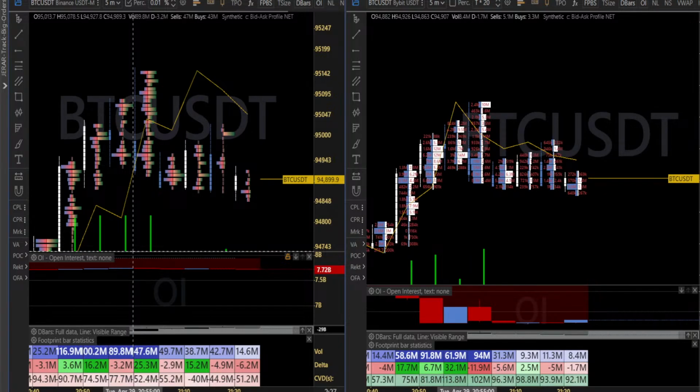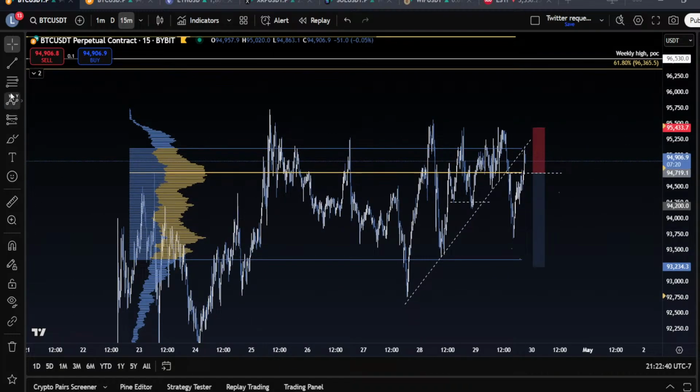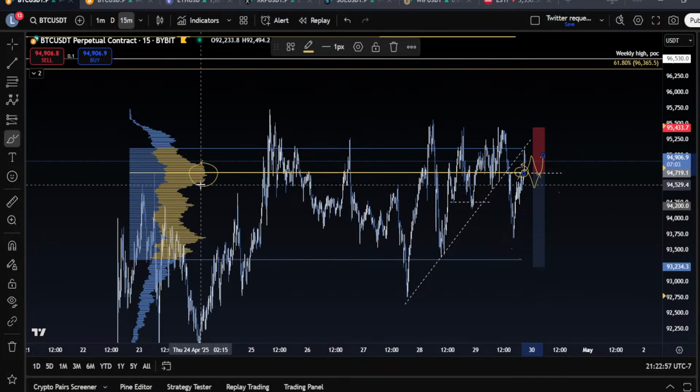So you could look at it like this as well. It wasn't the point of control before. It was actually, I guess it was so close. It could either be the point of control or this is it. But the other way to look at it is, the high volume node was a confluence for the short as well. But another way to look at this is just like a breakout and flip of this, right?